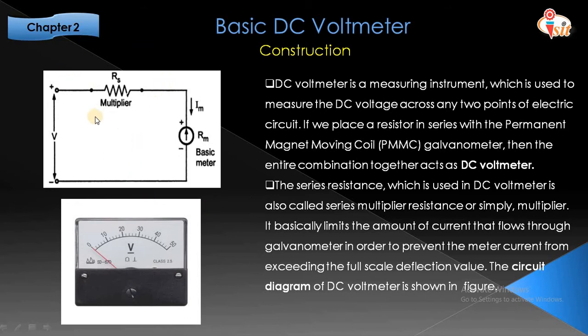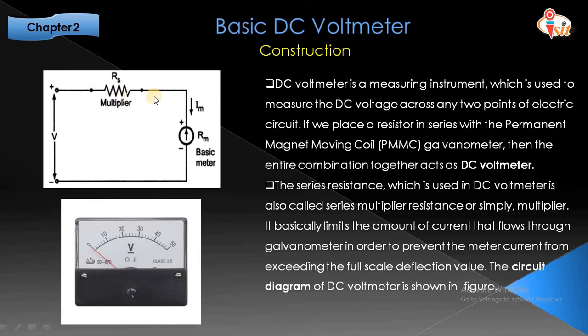Now what is the use of the multiplier Rs? Suppose the amount of current flowing through this meter is more, then it will not give the correct reading. That's why we connect the multiplier here. What is the function of the multiplier? To limit the current, to decrease the current flowing through the meter.